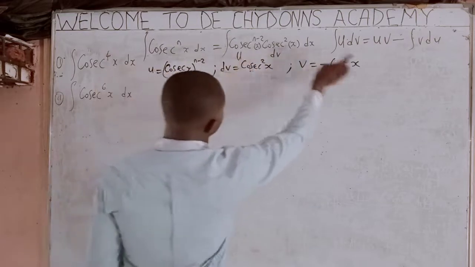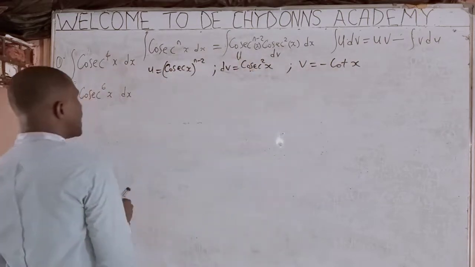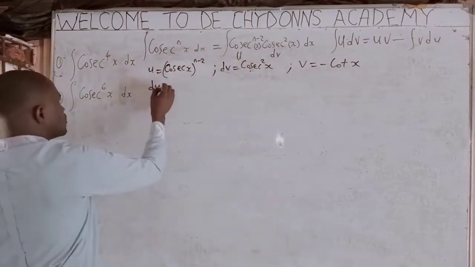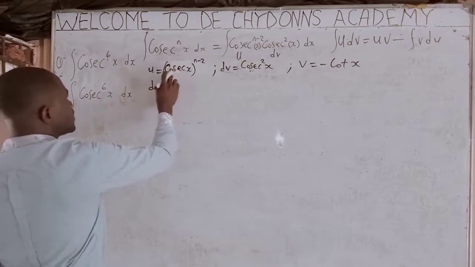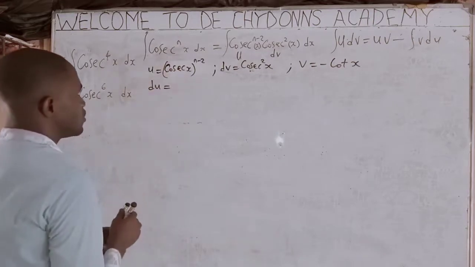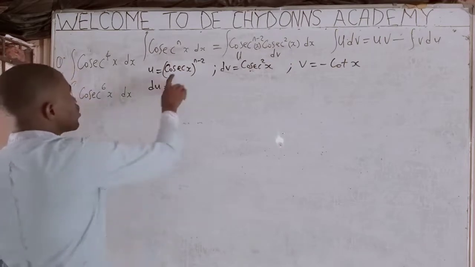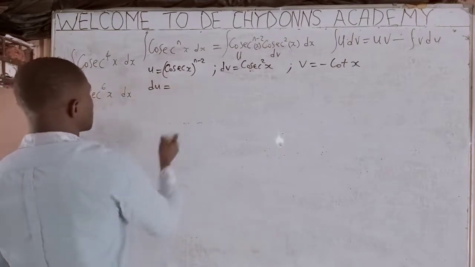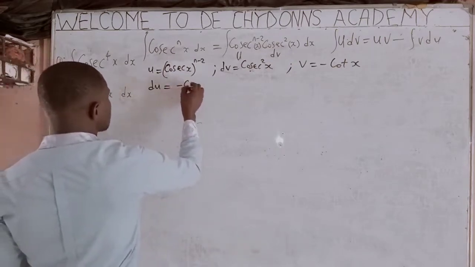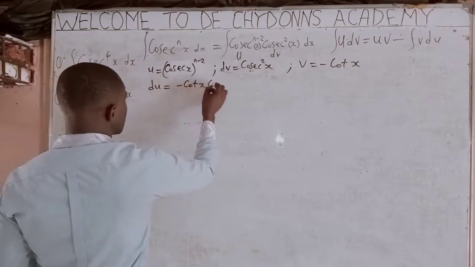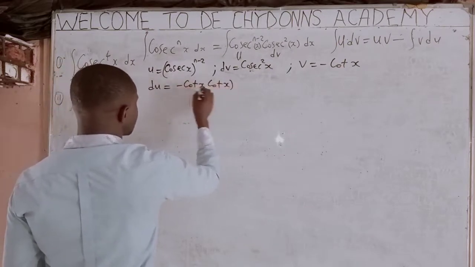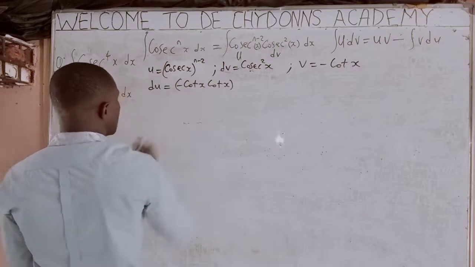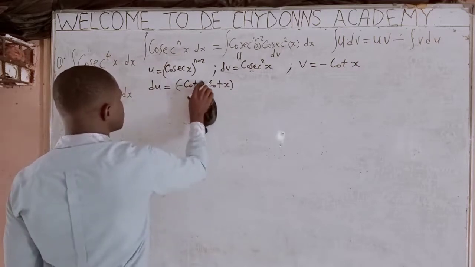So integration of this will give you this. Then what is our du? du equals differentiate this. Differentiate cosec x. It will be giving us minus cosec x cot x.